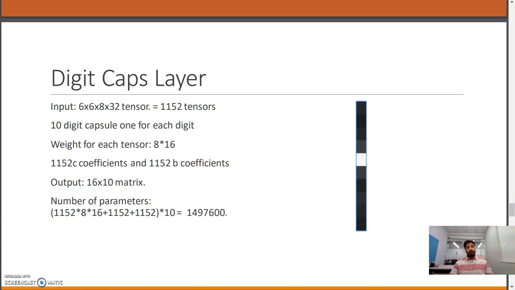Now, we take two types of coefficients here. One, coefficients that are coming from the CNN, that is represented here as B. Now, C is represented as the coefficients coming from the primary caps layer. I'm sorry about that. Output is a 16 into 10 matrix.